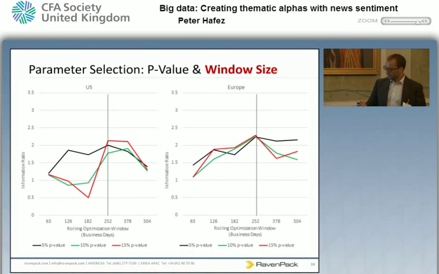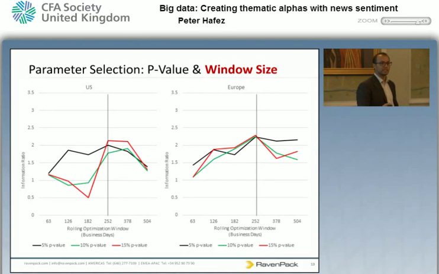What we find is that you seem to find some sort of peak around 1 year in both Europe and in the US. But generally you find that the lines are relatively flat, especially in the US, on the black line here, which links to confidence levels. But generally you see the peak around 1 year. So we selected 1 year going forward.